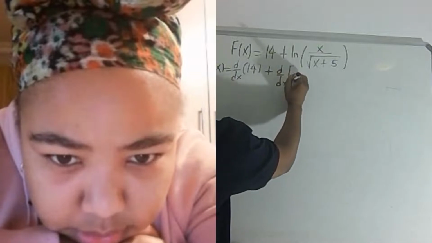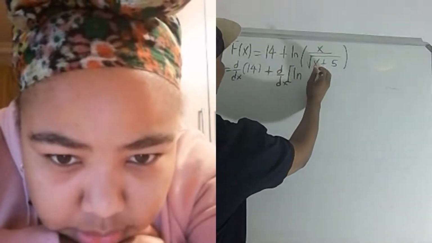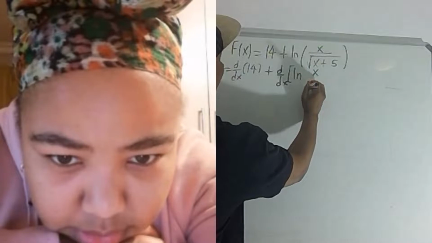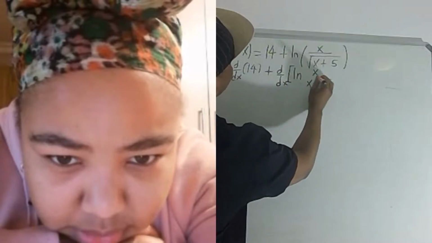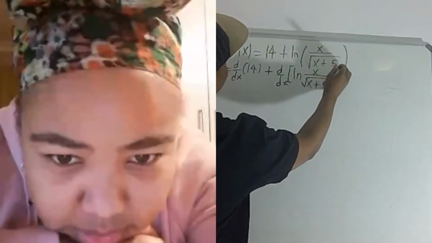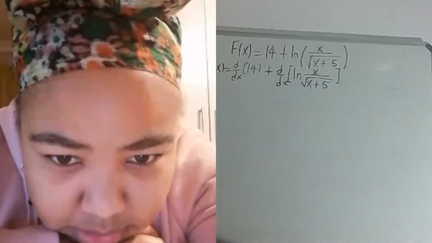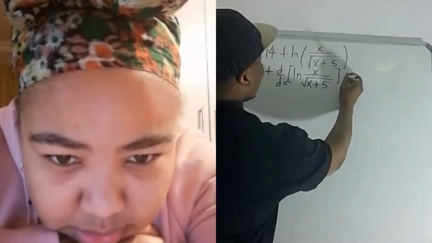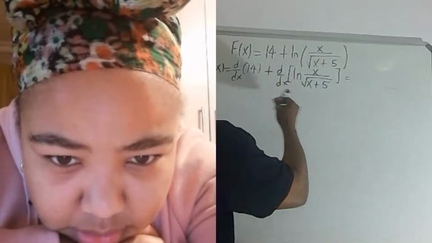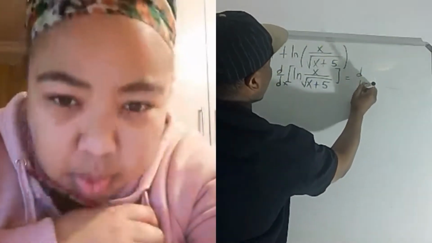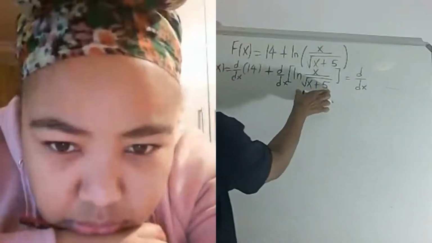The ln of a function. What is the function? x plus 5. So this is going to be 0 plus, so I don't have to write my 0, I can simply say I have to deal with this.